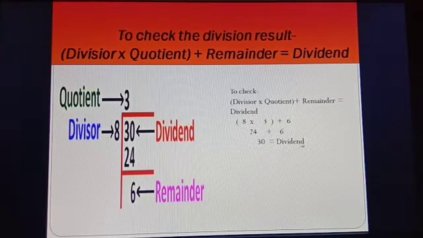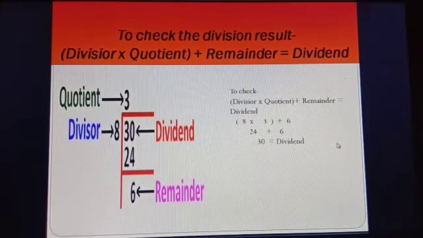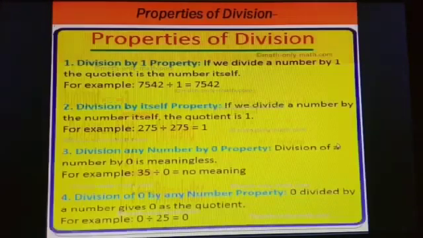The dividend is 30, as you already see, and the answer is coming 30. It means the product plus the remainder is equal to the dividend. It means your answer is correct. So children, you can also check each and every division question by this process, if you are confused whether the result is right or wrong.